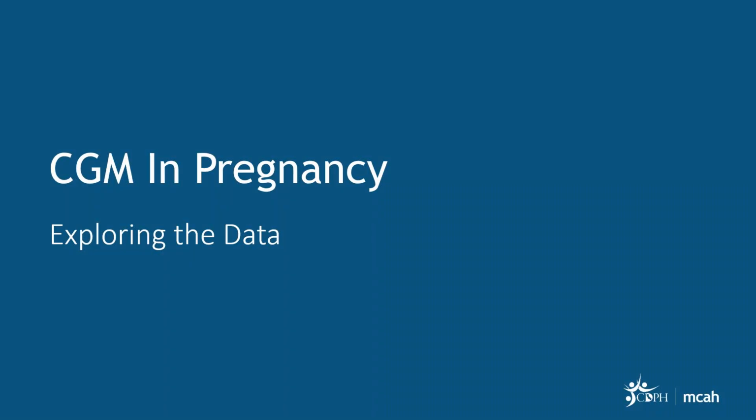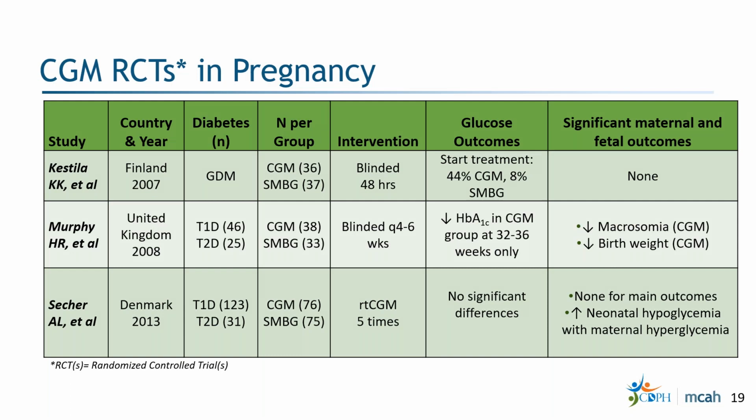So let's now take some time and explore the existing data that we have about CGM in pregnancy. And as we go through this, what I want to put in perspective is that CGM is a very quickly growing area. I mean, we've really only had these devices for about 20 years. And that might sound like a long time actually, but really up until the last 5 years, the devices were far from optimal.